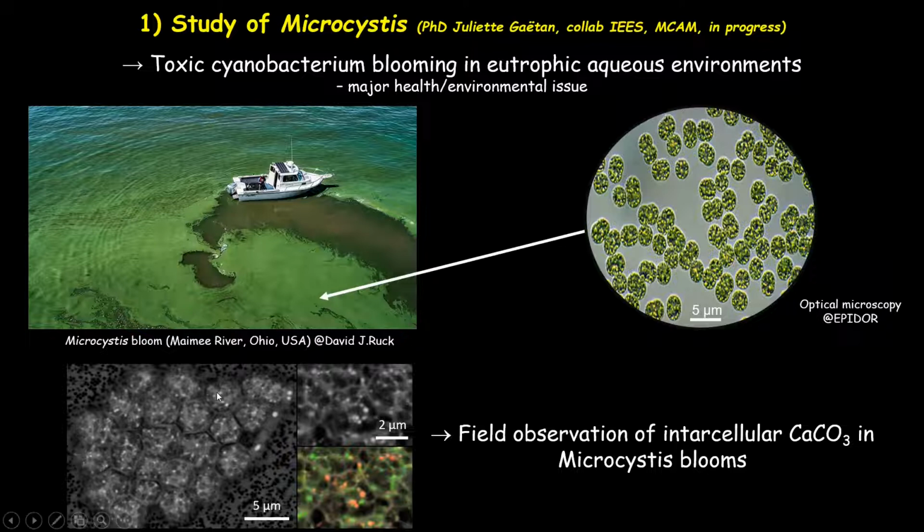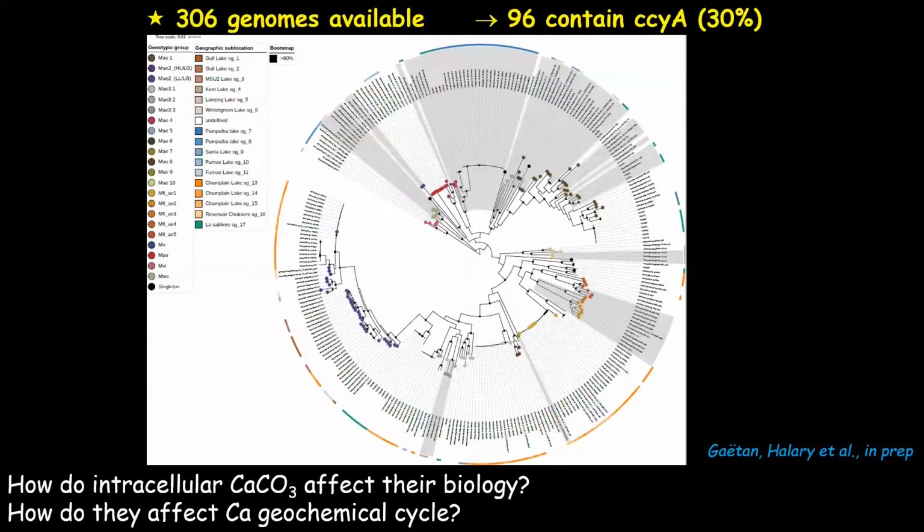Interestingly, based on field work on some of these blooms, we observed carbonate inside the Microcystis. And so again, looking at the genome specifically of Microcystis in databases, we could find 300 genomes right now. And one third of them contain the CCYA gene, which means really that in that genus, the formation of intracellular calcium carbonate is an important thing.